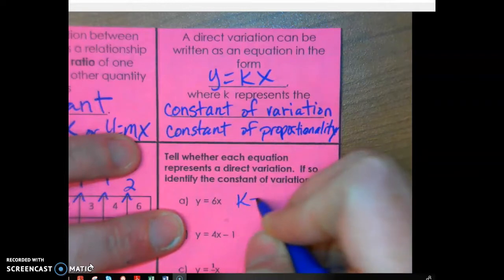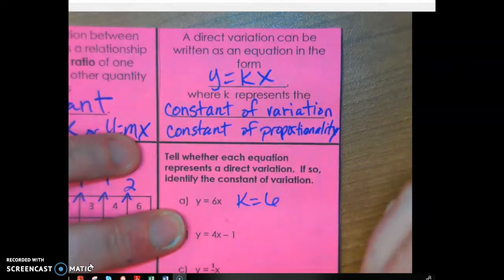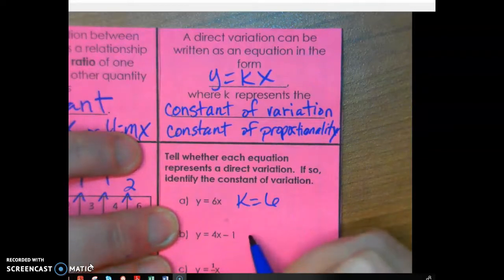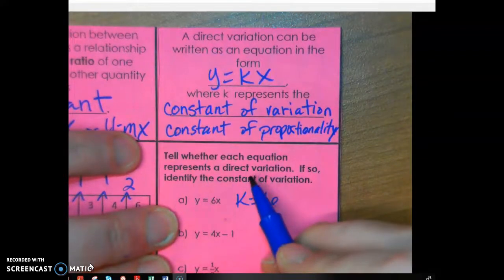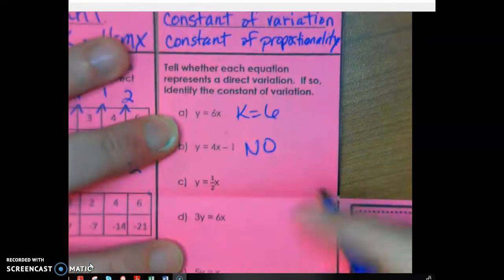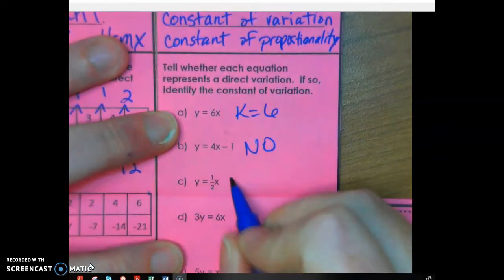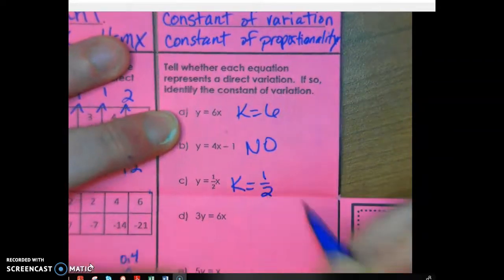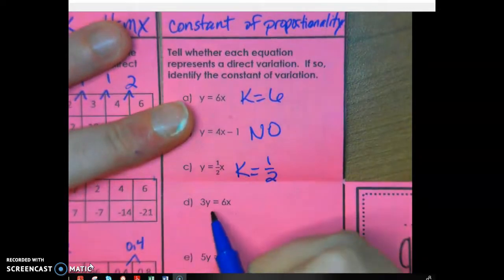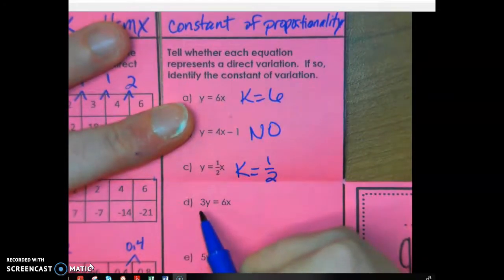So my k equals 6. This one here, we have an extra negative 1. Does it represent a direct variation? No, it does not. How about this one? k equals 1/2. Fractions are fine. We love fractions. This one here, you're going to want to say no, because there's a 3.